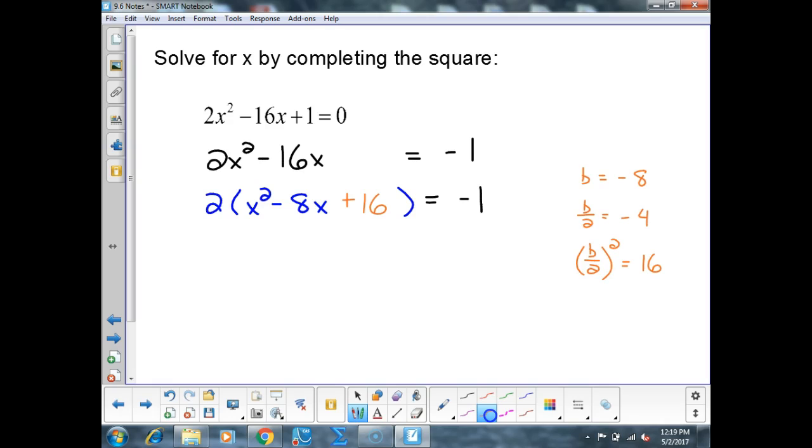So I've got to add 32 to the other side. So my left side becomes 2 times the quantity x minus 4 squared equals 31.